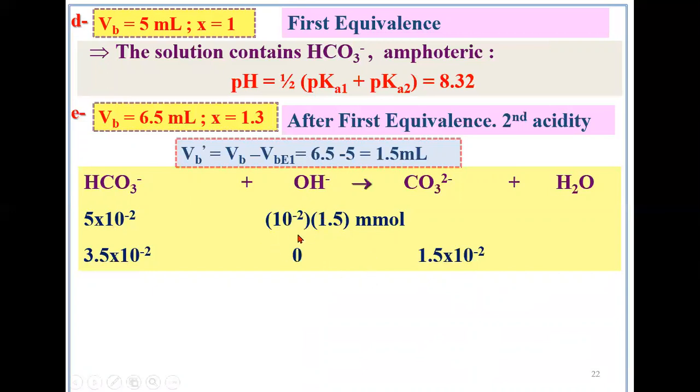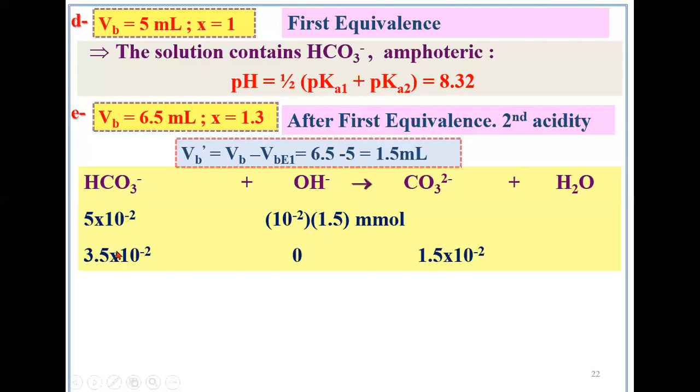So again, in this area after the equivalence point, the amount of OH minus left over after reacting with the first acid completely is of course limiting, and so it tends to 0.